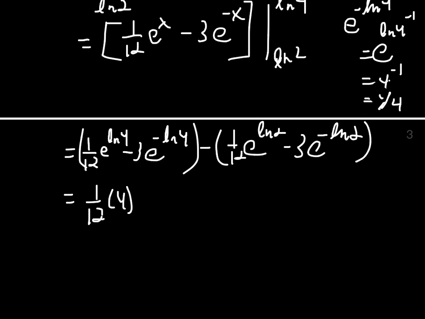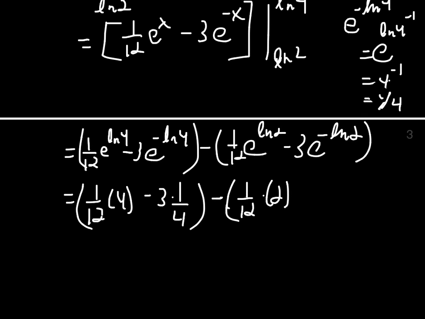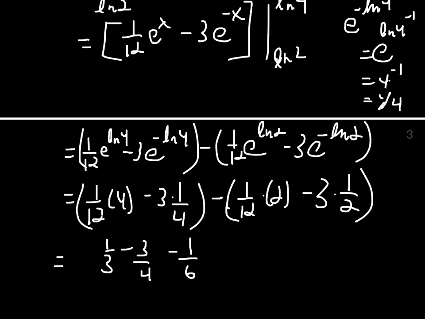That's 1/12 times 4 minus 3 times 1/4, minus 1/12 times 2 minus 3 times 1/2. So we have a third minus 3/4 minus 1/6 plus 3/2.